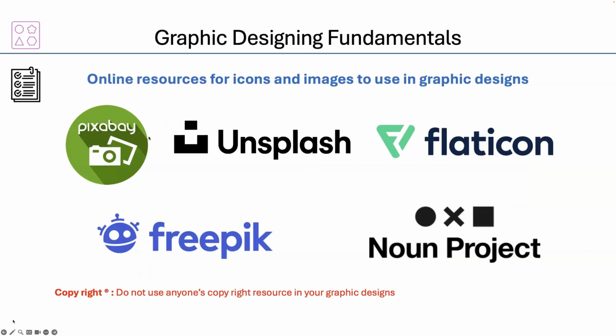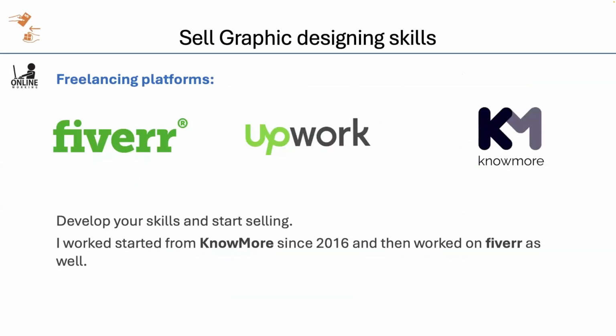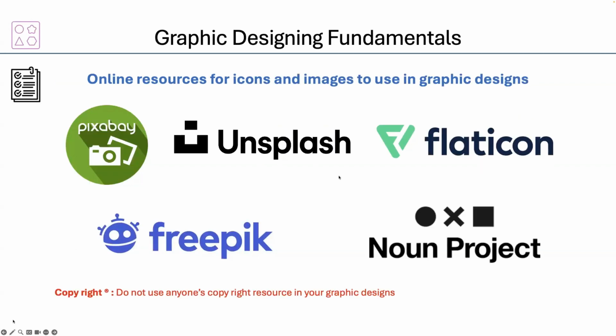Pixabay is a website where you can find free icons, images, and vectors. Unsplash has free high definition photos and video clips also in high definition, of different occasions, like the office person, the travel person. So you can find video clips and high definition images in Unsplash.